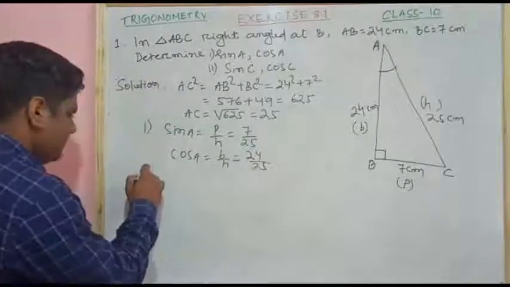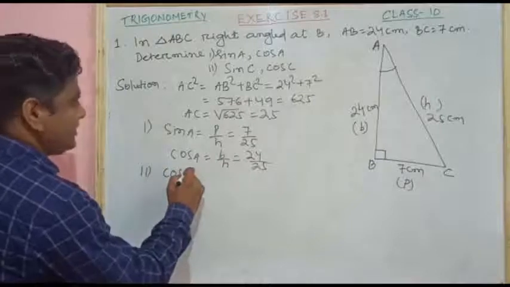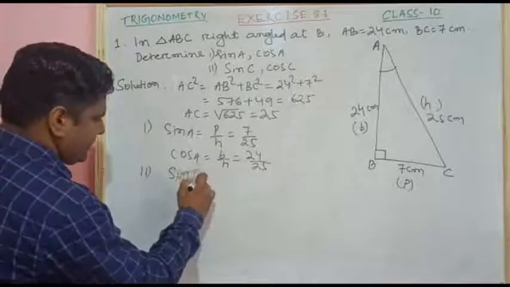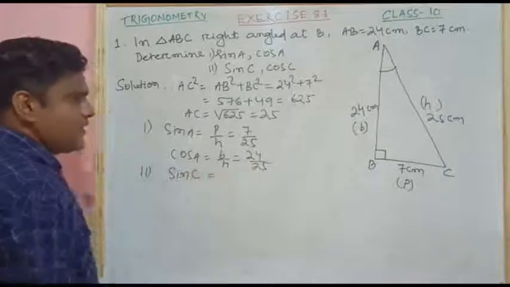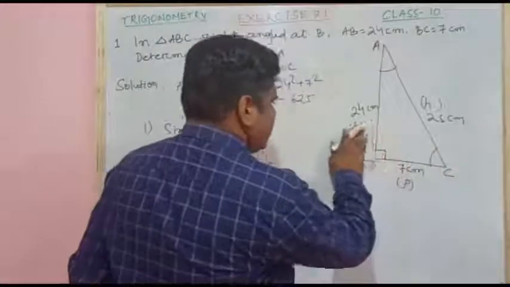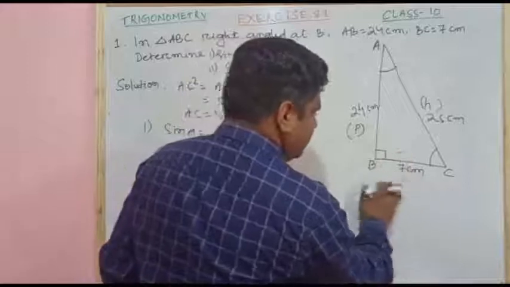So second bit is we have to find cos C and sin C. For angle C, this one will be the perpendicular and this one will be base.